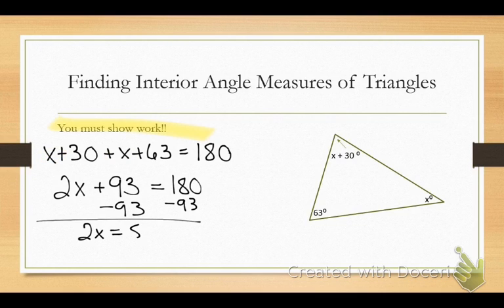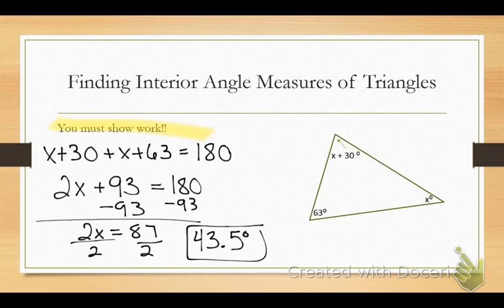Subtract 93 from both sides. It is not an even value, and that's okay. This is your x equals, but this is not your final answer. This is 2 questions on your test tomorrow.